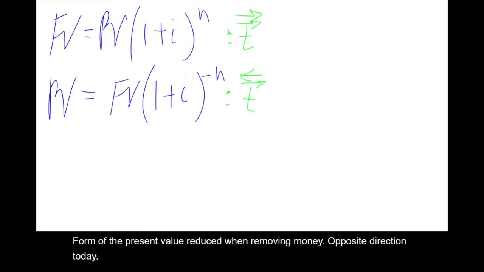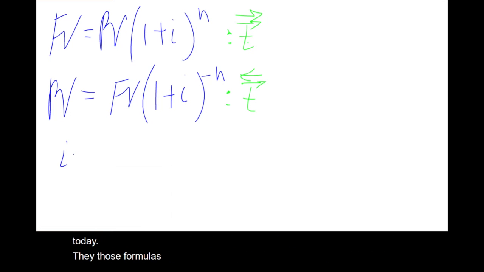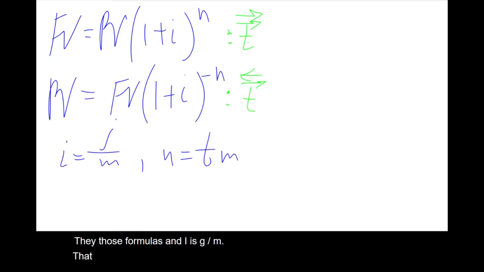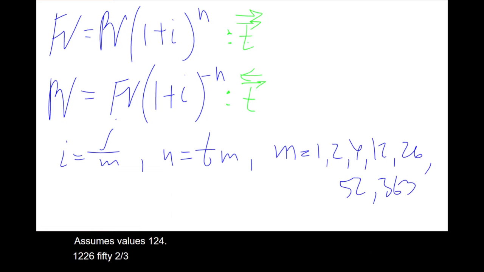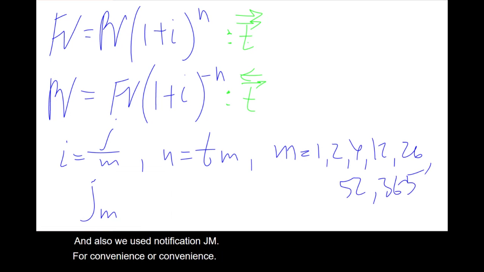Those formulas, and i is j over m, n is tm, and m assumes values 1, 2, 4, 12, 26, 52, 365. We also use the notation jm for our convenience. Okay, any questions?